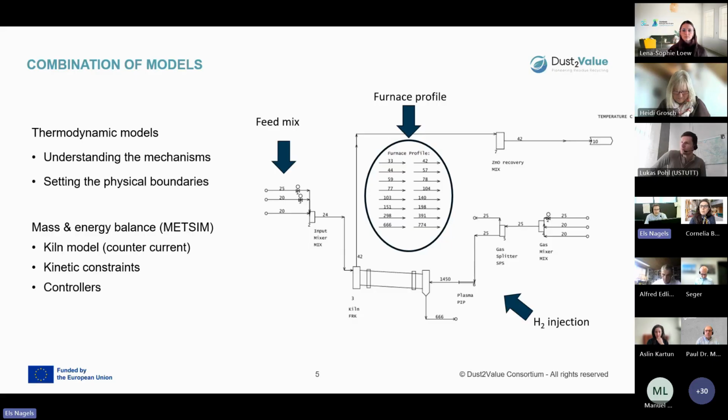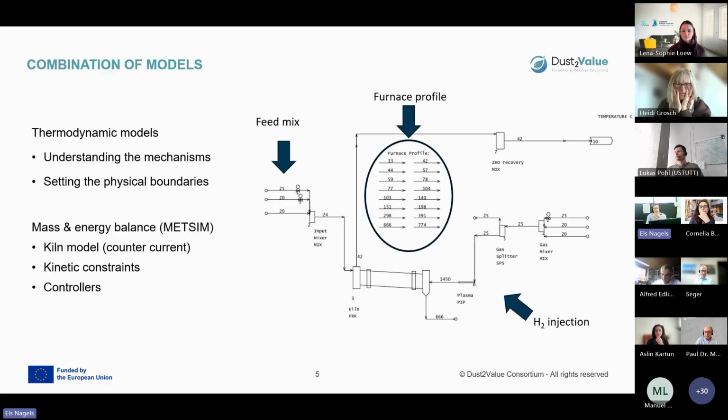But then inside the kiln, this looks here as one unit operation, but in the model, this is actually split in 8 sections, and each section is iteratively calculated on its own to get a good approximation of what we think is going to happen in the process itself. Here you see these 8 sections. This results in a furnace profile.